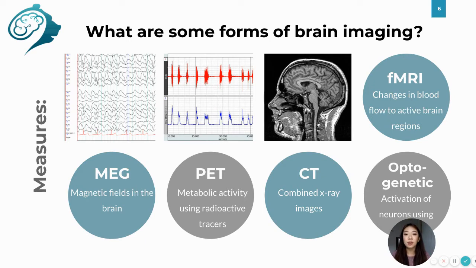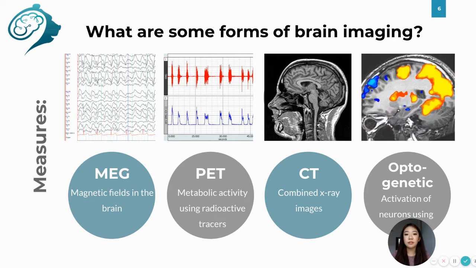fMRI, which is what we're focusing on in this module, measures changes in blood flow to active brain regions, which gives us the colors on these pictures indicating the functional areas of the brain.